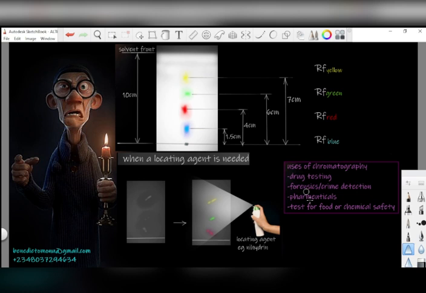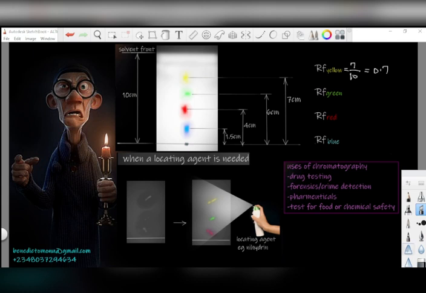Then we can calculate the retardation factor for the yellow constituent of your ink. It is the distance traveled by the ink, which is 7, over the distance traveled by the solvent, which is 10. This will give us 0.7. Centimeters cancel centimeters, so it has no unit.